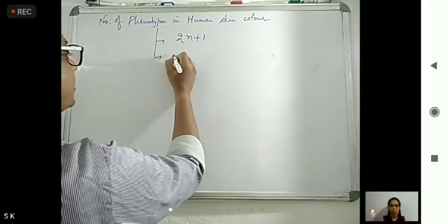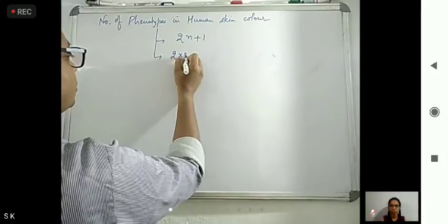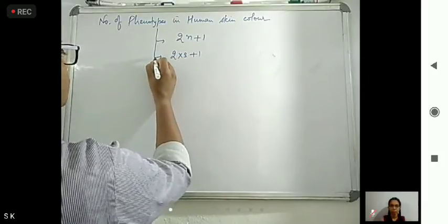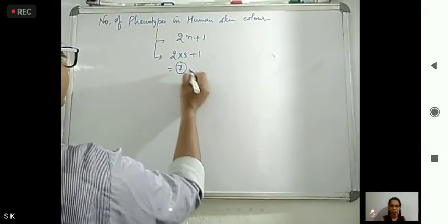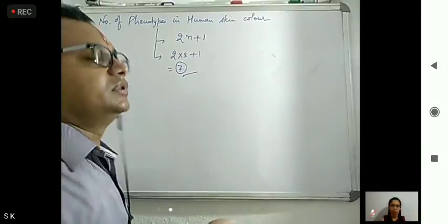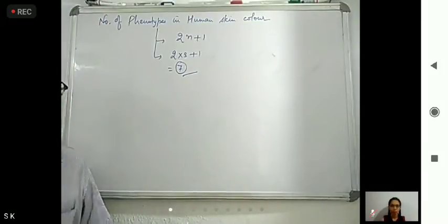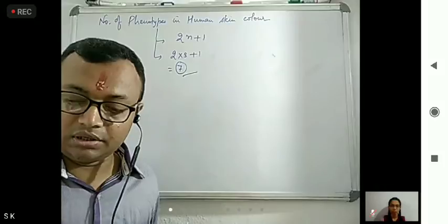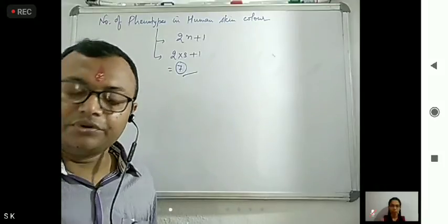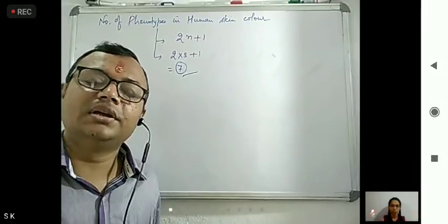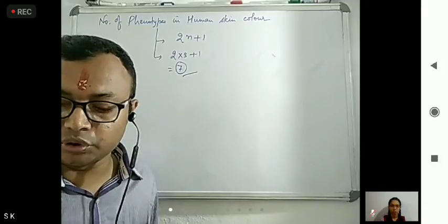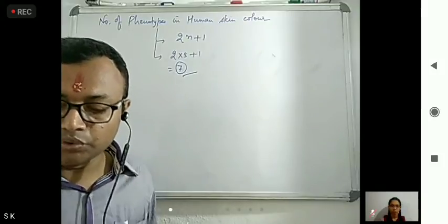Here how many pairs are there? 3. So 2 times 3 plus 1, how much will it come? 7. So 7 types of phenotype are available in the world. And what is the ratio? That we have to see.